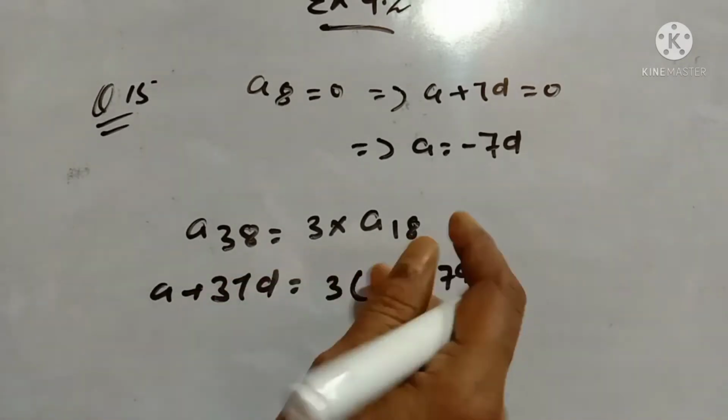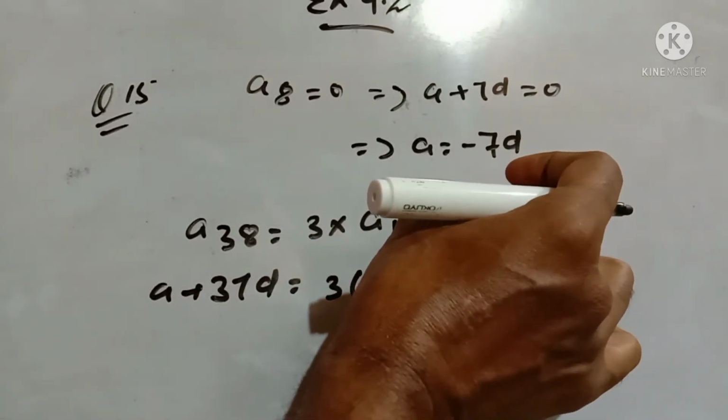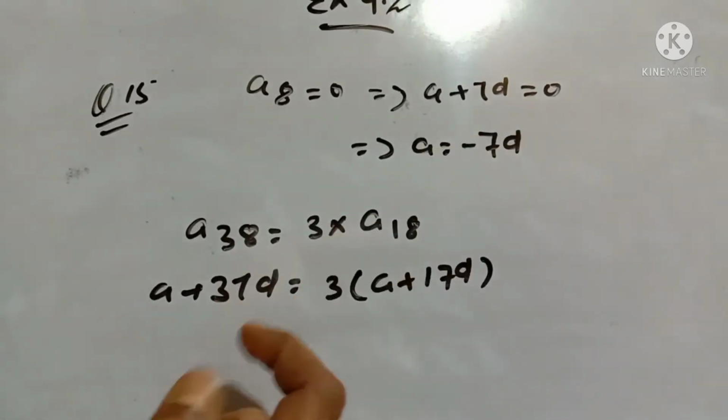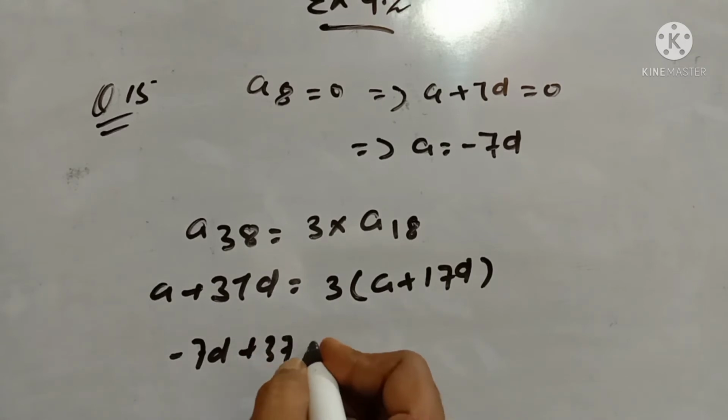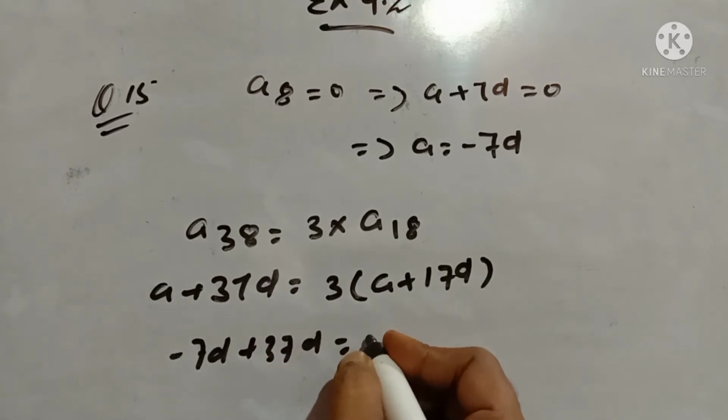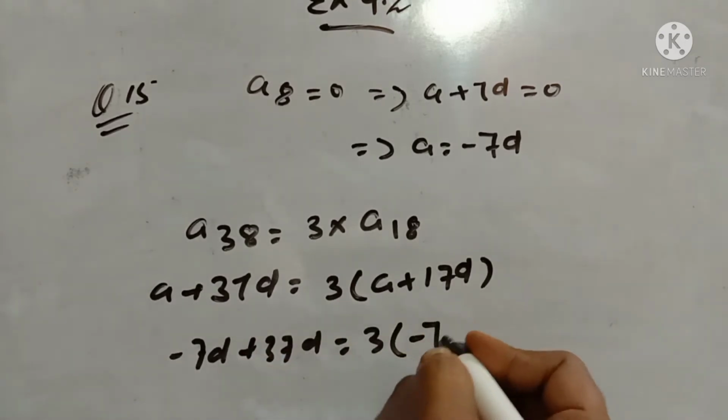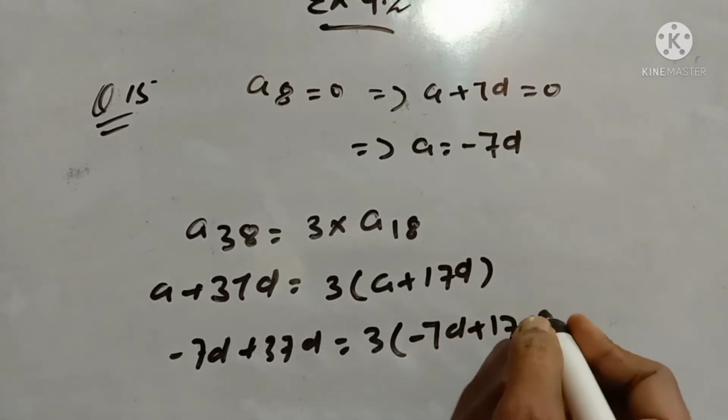So the value of a we have taken out as minus 7d, so minus 7d plus 37d is equal to 3 into minus 7d plus 17d.